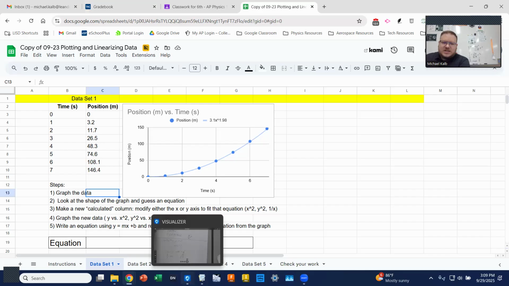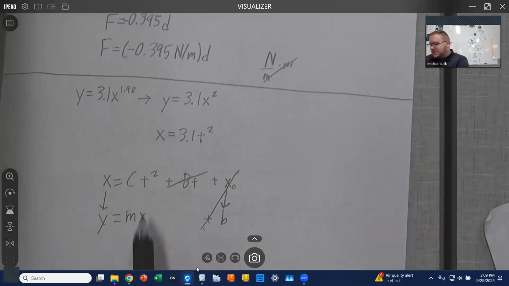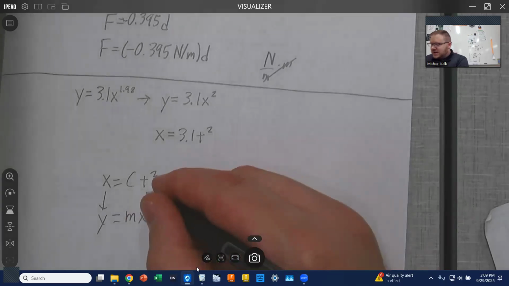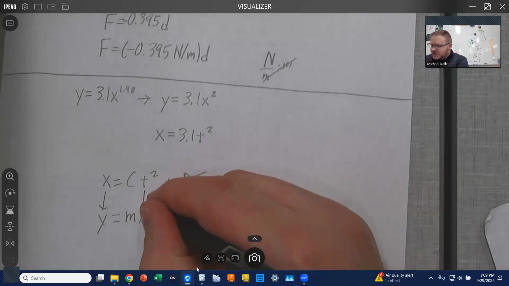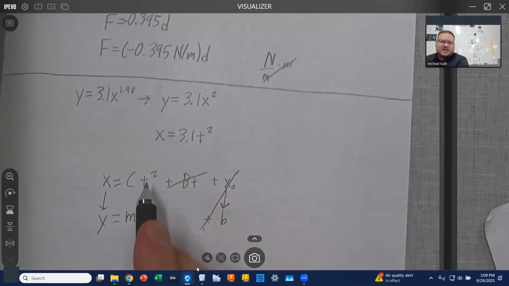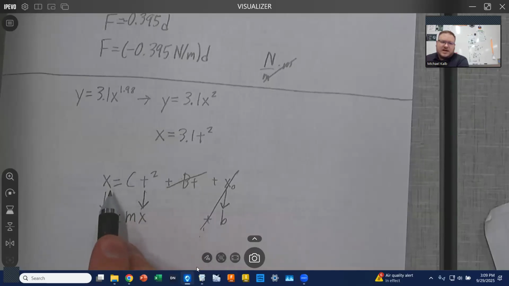In other words, instead of plotting position versus time, let's let our x-axis be time squared. And we can see it lines up when we compare the equation we think we have, x equals some constant times time to the second power, to the equation for a line, y equals m times x.